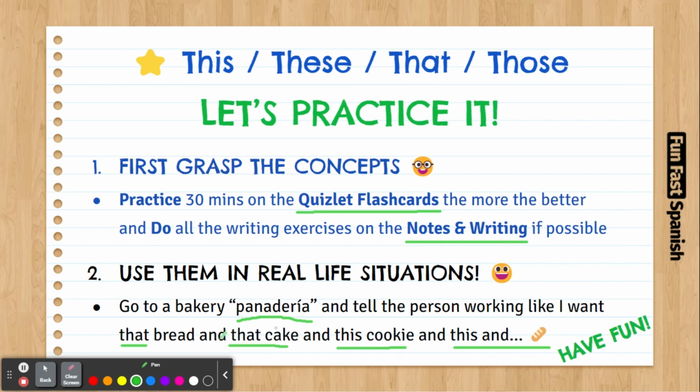So I could say yo quiero este pan. I want this bread. Y esa galleta. Galleta is cookie, and that cookie. That's it. I hope you have fun with this exercise at the bakery.